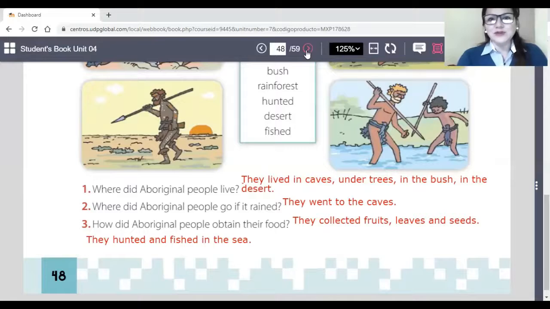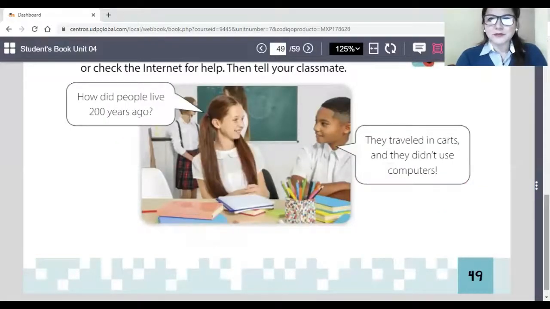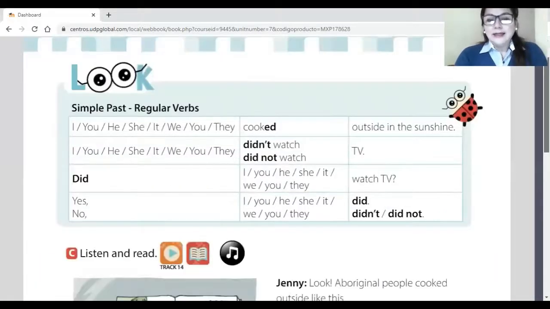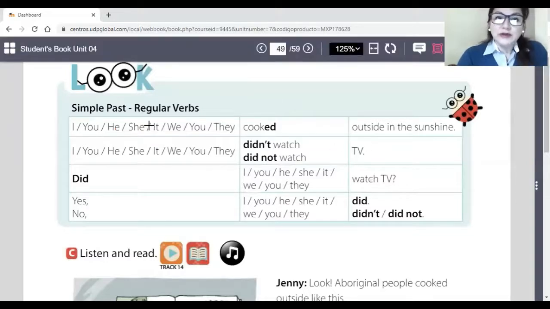Okay, let's go to the next page. This is the structure of the simple past. You remember that? I, you, he, she, it. Those are the pronouns. Then the verb in past and the complement. This is the affirmative form.